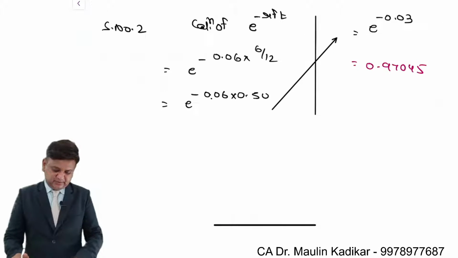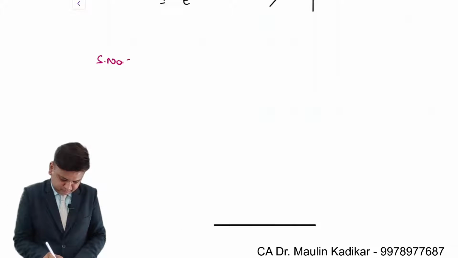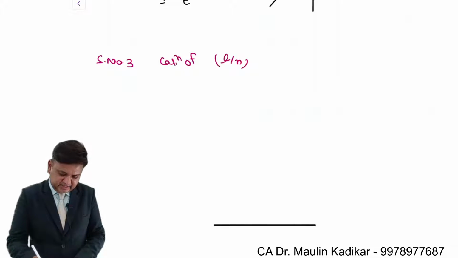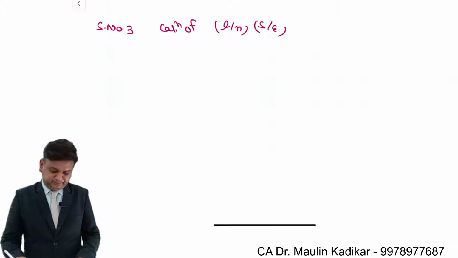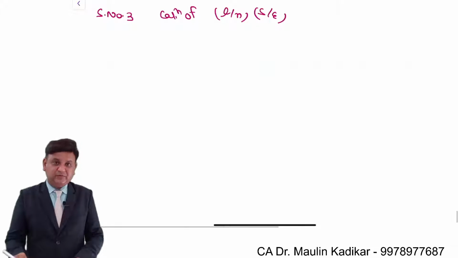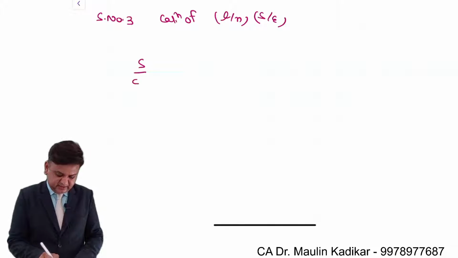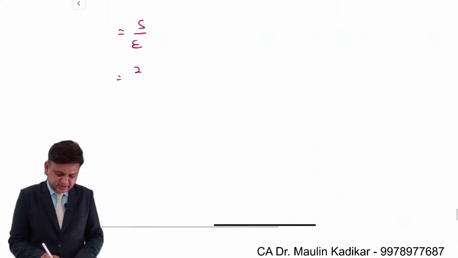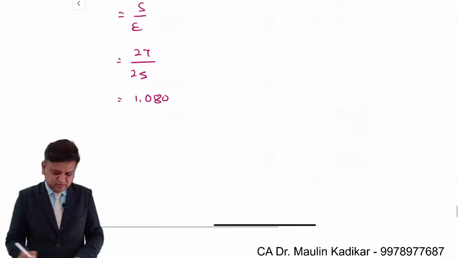Now step number 3. Calculation of ln S divided by E. That is the answer to be done. We can do it by either method. S divided by E, that is 27 upon 25. That comes to 1.080.